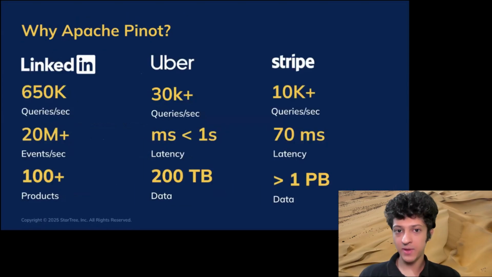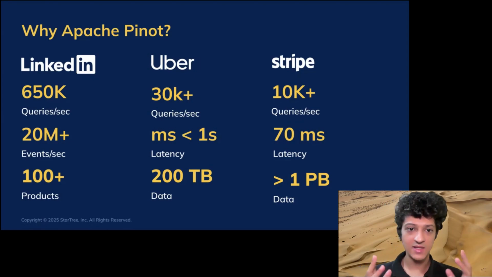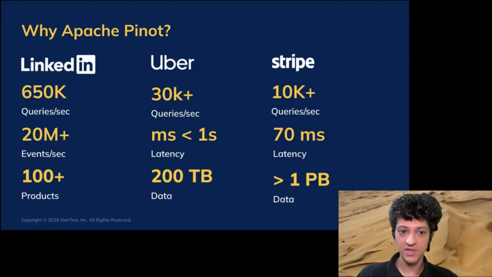So why Pinot? To convince you that all the optimizations we're going to be talking about in the rest of this talk are not just theoretical, or something from some esoteric database that nobody uses or cares about, let's take a look at some of these numbers. Some of the biggest companies are using Pinot at massive scale to power various use cases that most of us probably interact with on a day-to-day basis.